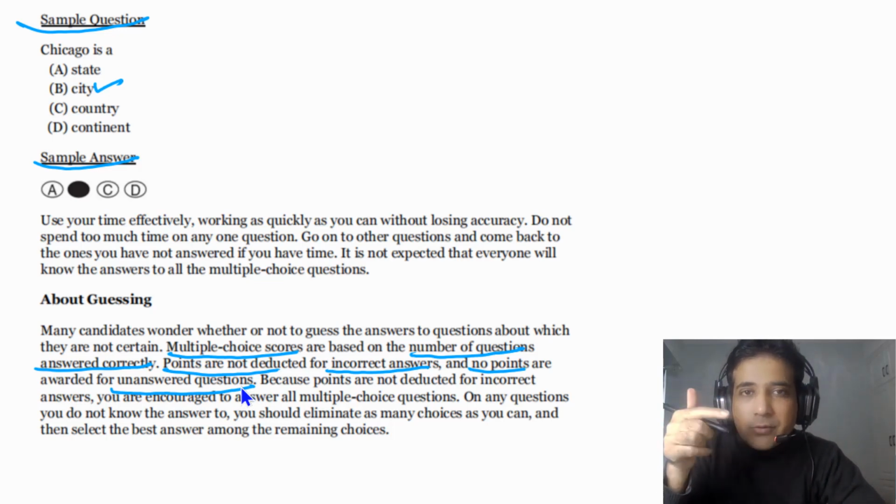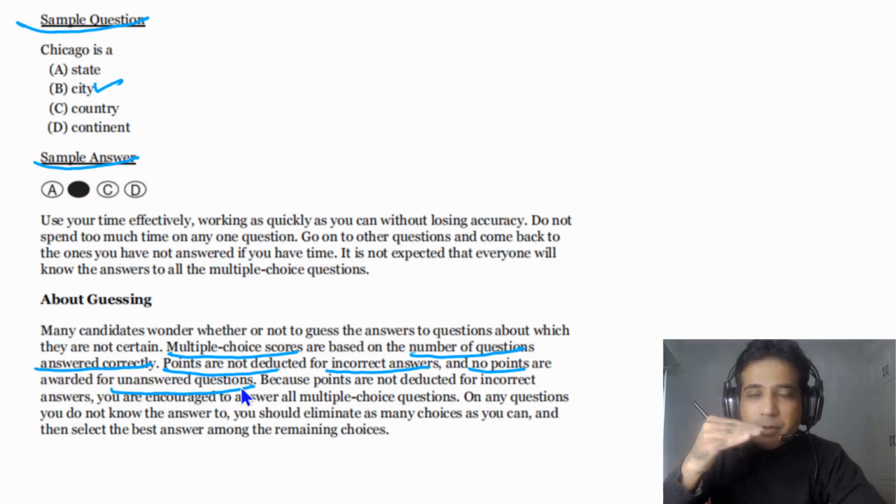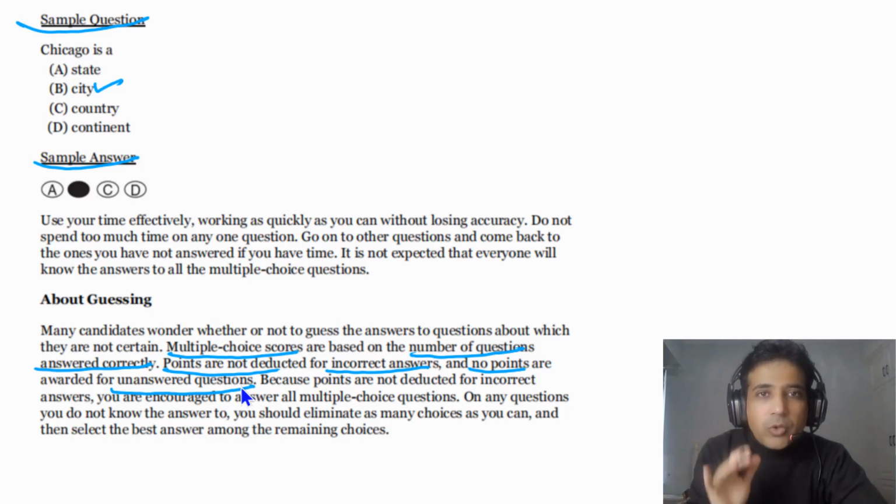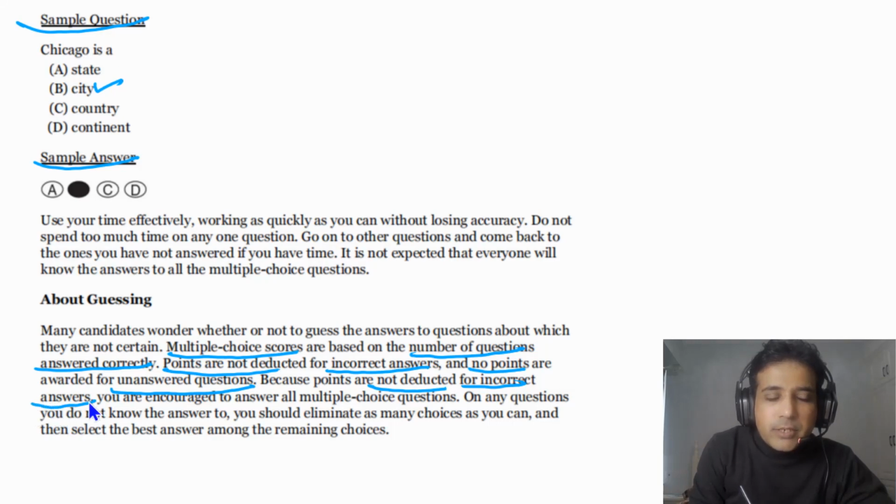If you don't know the exact answer for a question, you can use the elimination method, eliminate options, and then find the best possible answer. Don't leave any question blank, because if you don't answer a question, you will not get any marks. It's better to answer all the questions to get higher grades because points are not deducted for incorrect answers.